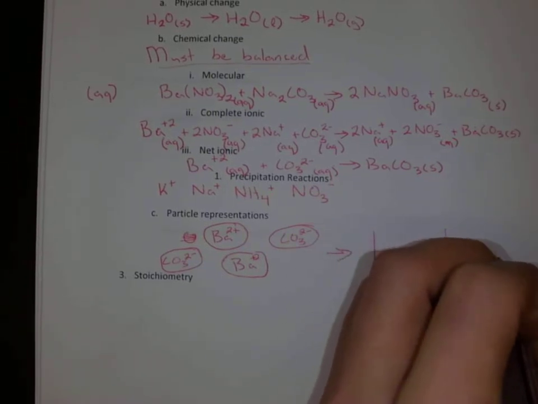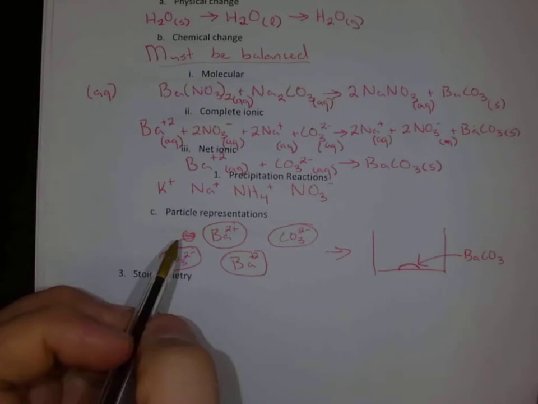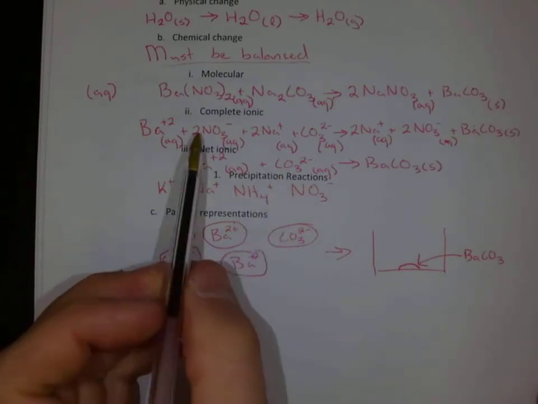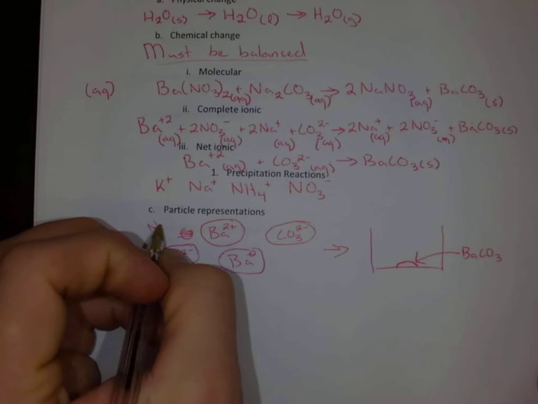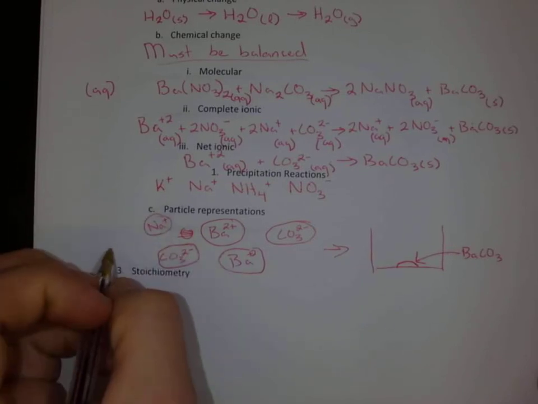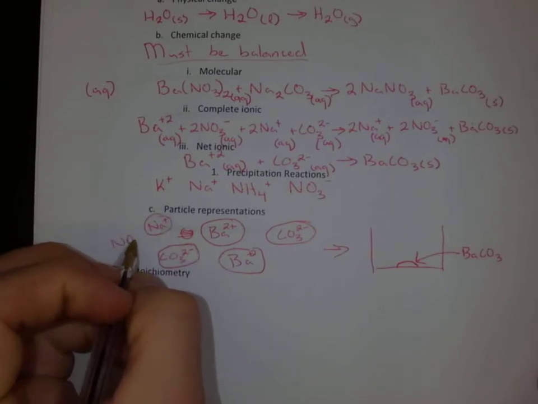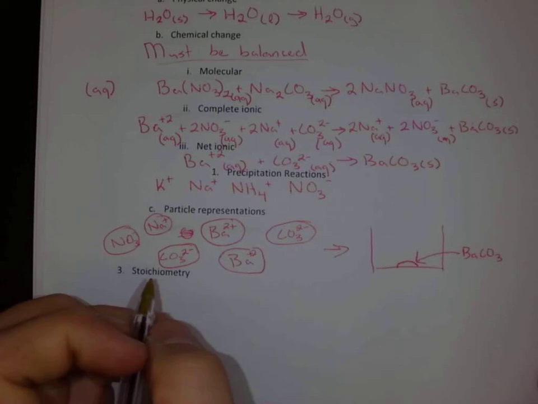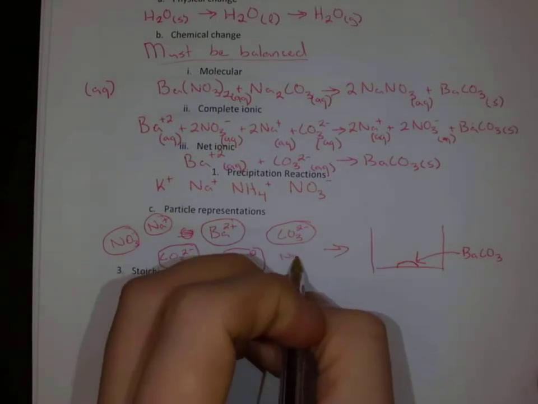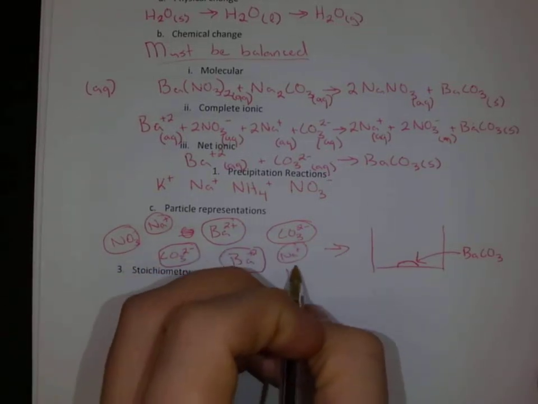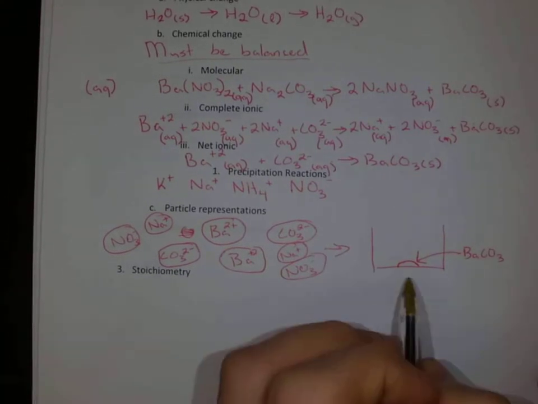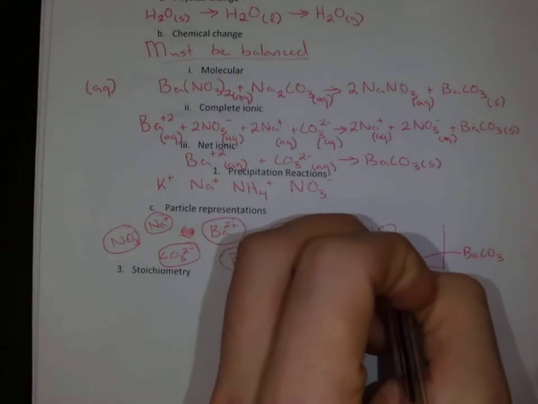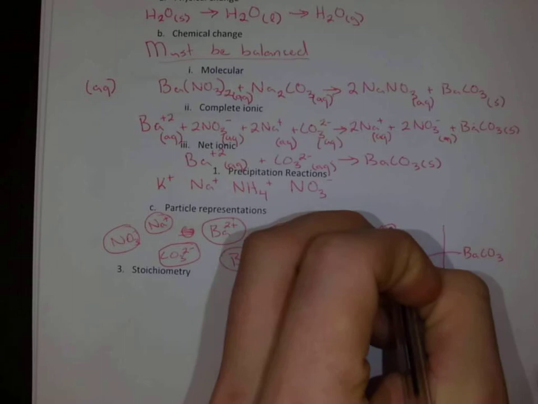And I'm going to label that as barium carbonate. But in this solution, we also had Na+ and NO3-, so I would have Na+ in there, I would have NO3-, and I'm going to draw a few of them. And then when I bring them over here, they're still going to be in the solution.